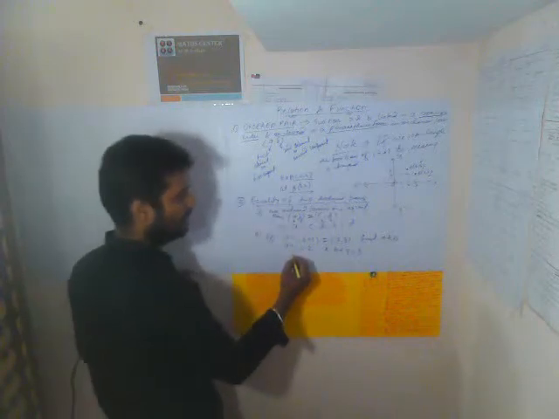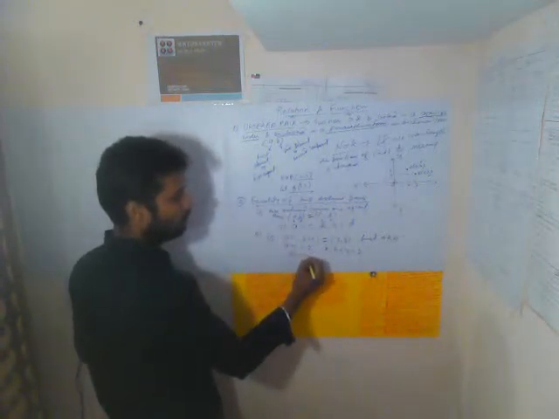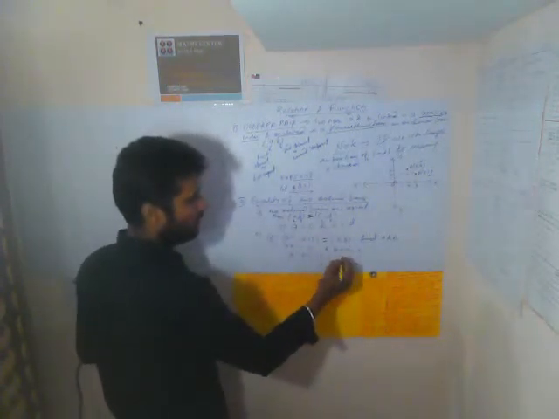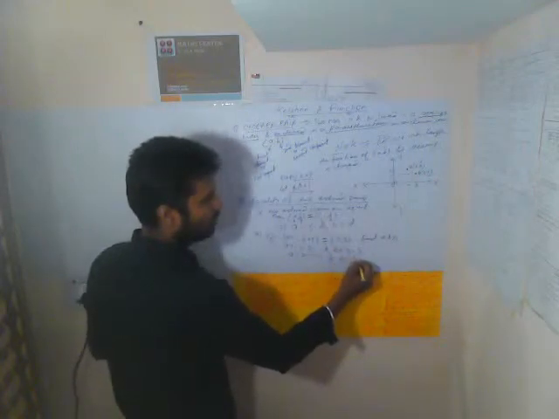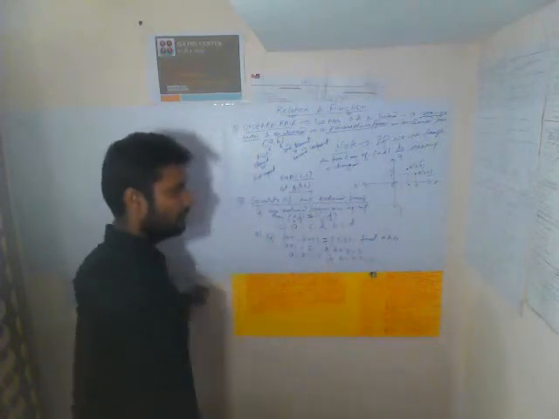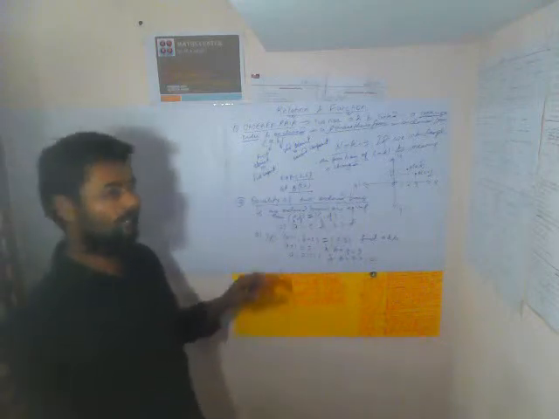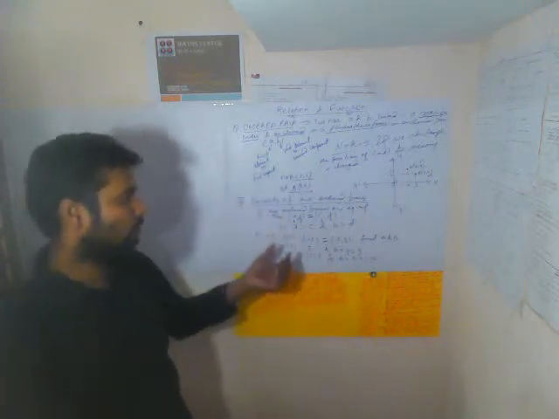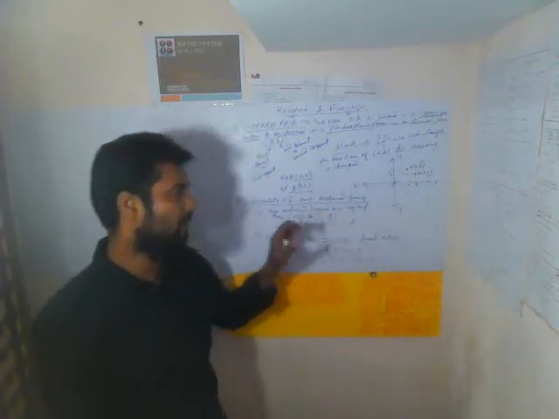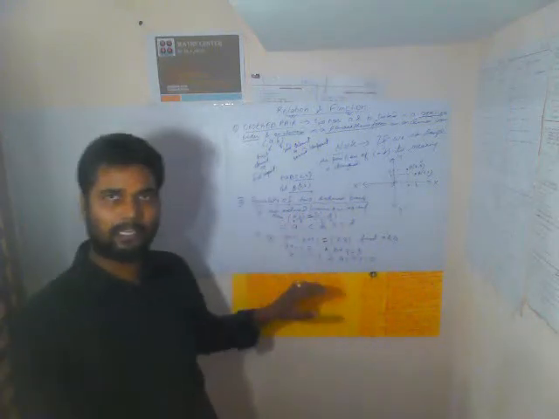So on solving we get a = 2 − 1, which is 1, and b = 3 − 3, which is 0. So in this way we can find out the values of a and b. In equality of ordered pairs we have to go like this.